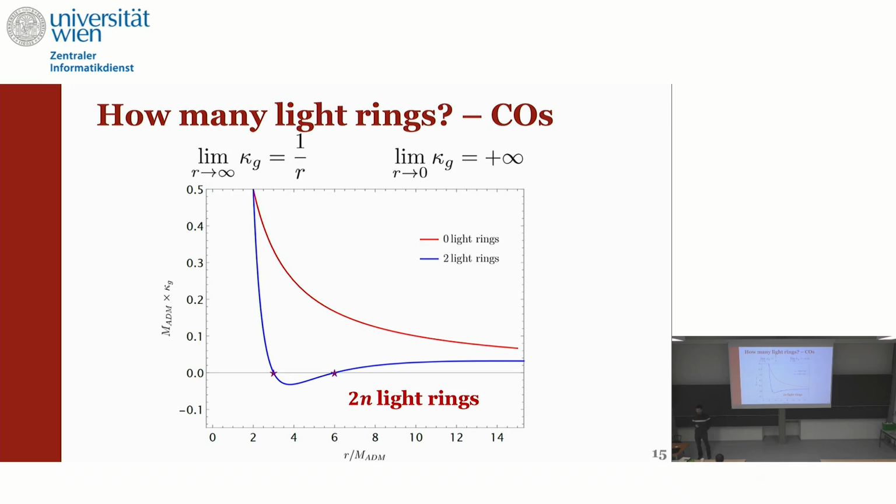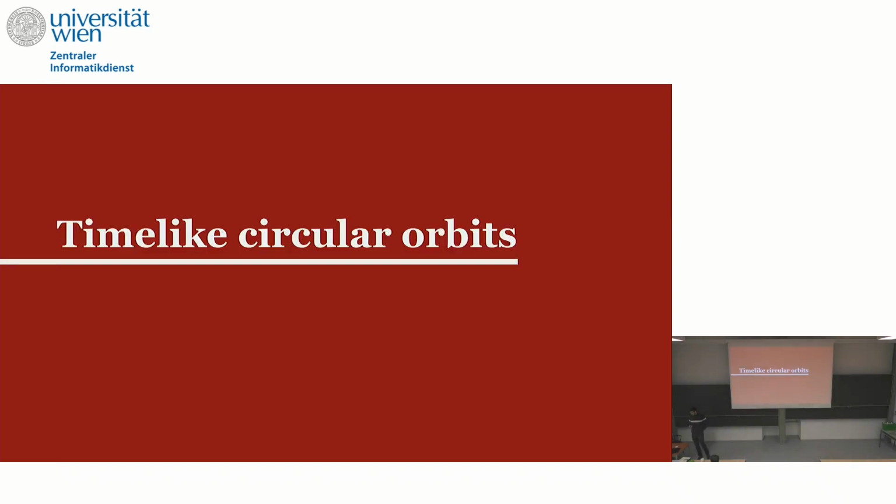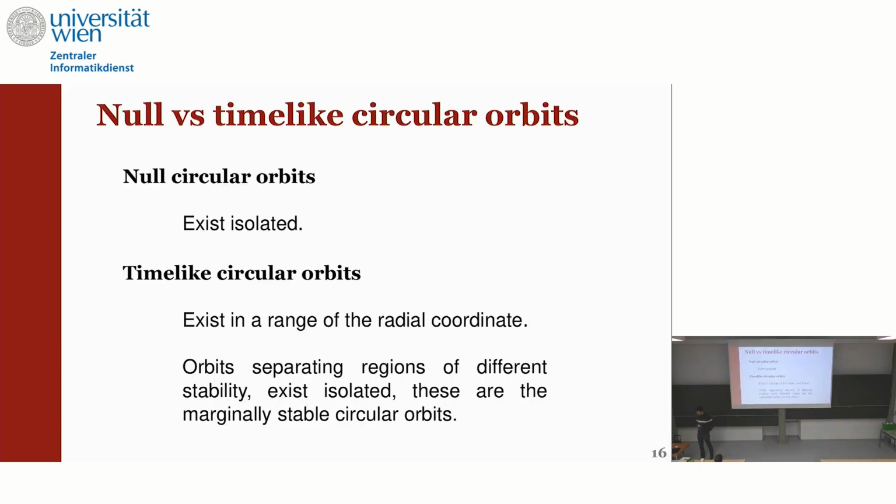So, any more questions? If not, I will now move on to the study of time-like circular orbits, which are also relevant because, for either MRIs or black hole accretion, it is important to know where such orbits can exist and where they cease to exist.